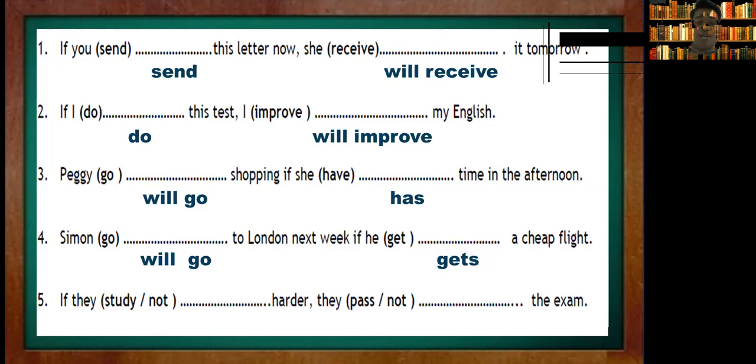So you can never use does. You should use do. Then merge it or combine it with your not. So you say don't, okay? If they don't study harder, they will, insert will, combine it with your not or merge it with your not. So you get won't. Won't pass the exam, okay? So that's your answer. If they don't study harder, they won't pass the exam.